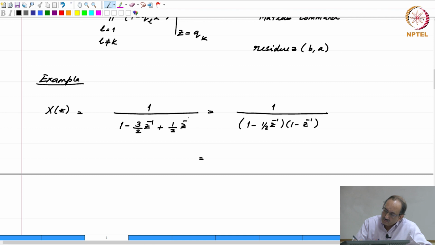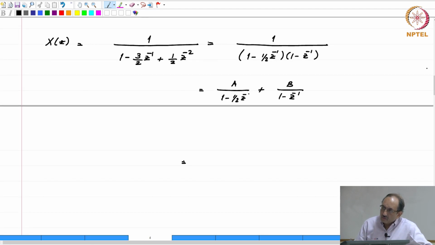So, this is z to the power minus 2. So, this is A by 1 minus half z inverse plus B by 1 minus z inverse, and all you need to do is multiply X of z by 1 minus half z inverse to cancel this, and then evaluate it at z equal to half.